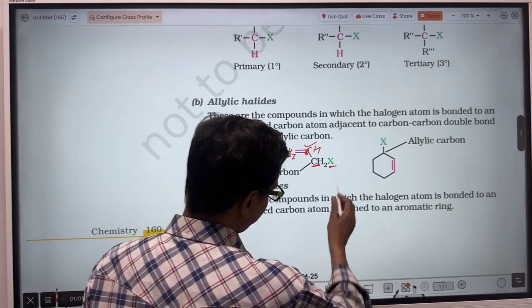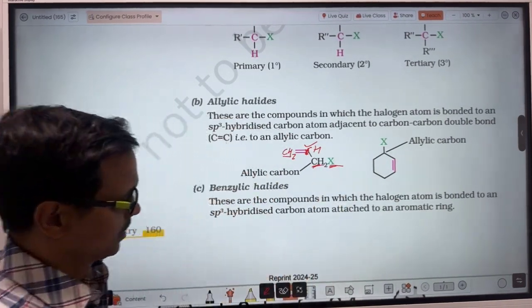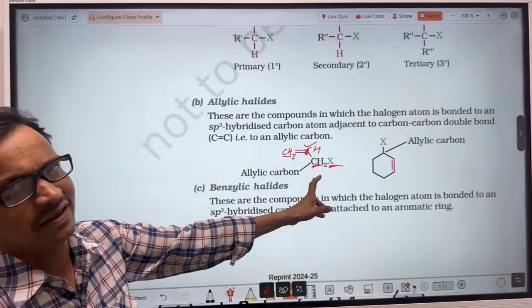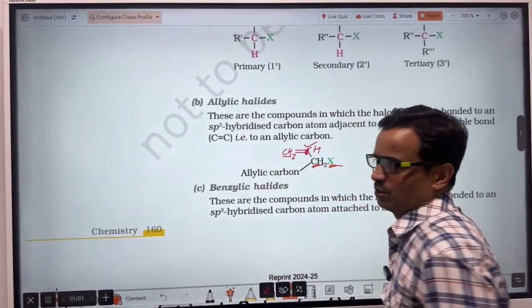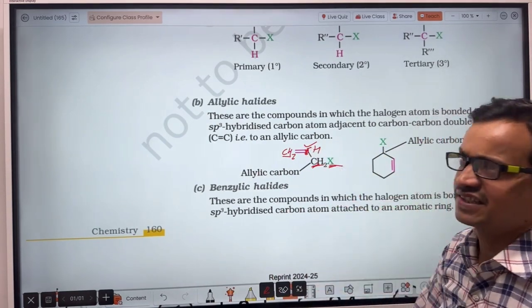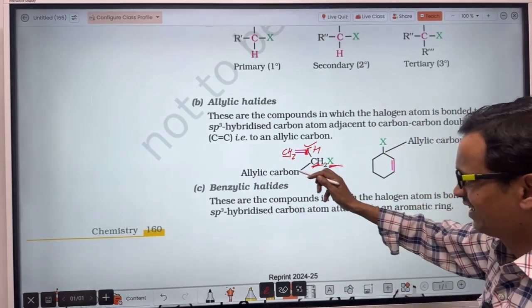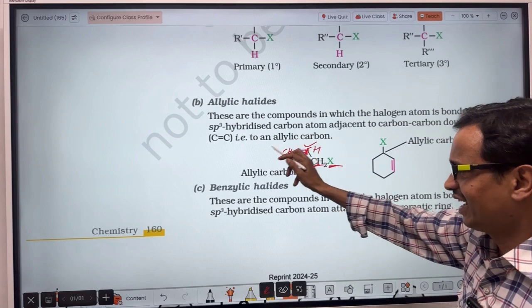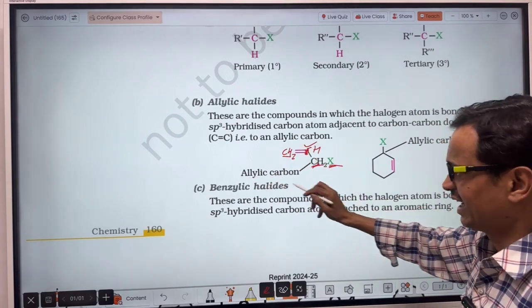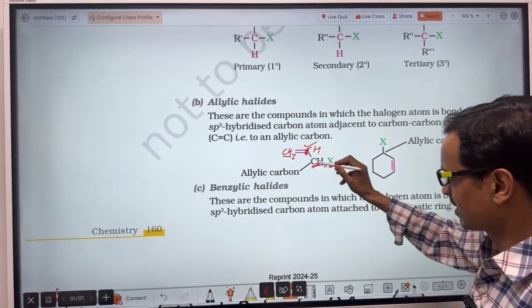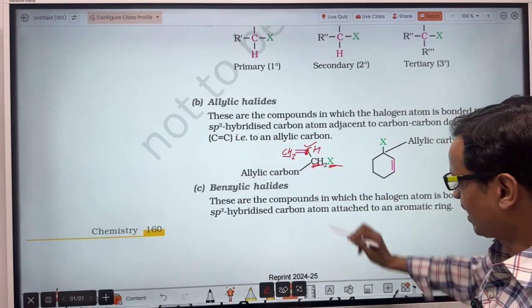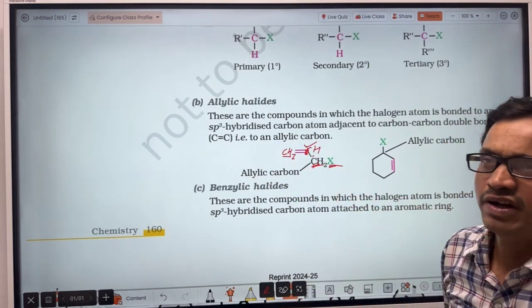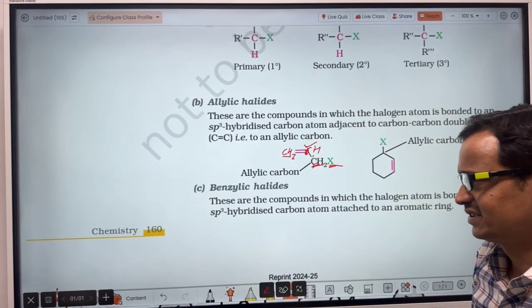Here the halogen is bonded to that carbon atom whose hybridization is sp3, but that carbon is bonded to an sp2 hybridized carbon atom. So this compound will be called allylic halide. This carbon is the allylic carbon, the carbon atom which is bonded to an sp2 hybridized carbon atom.